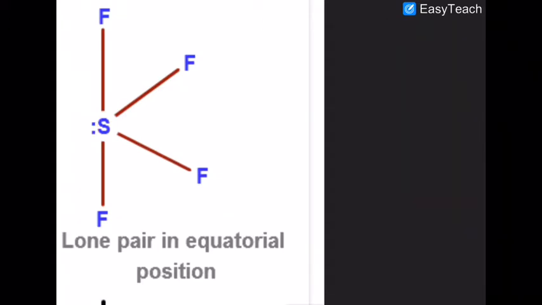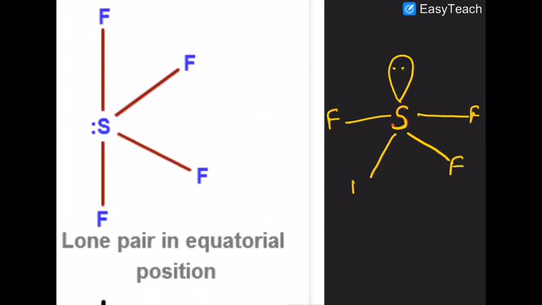Okay. Now if I want to draw the structure of that, the structure should be like that. What about the structure here? Sulfur atom will be at the center, and these are the 3 corners of the equilateral triangle. So one of the positions is occupied by a lone pair. Now fluorine bonds are there.